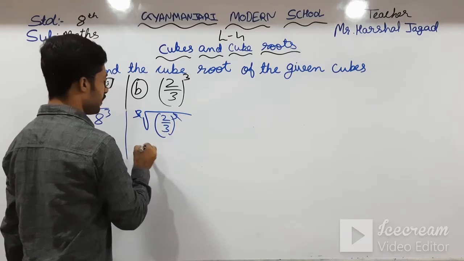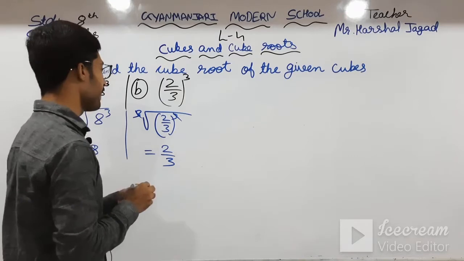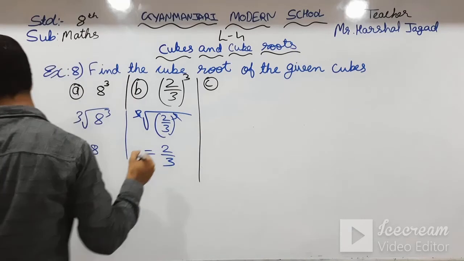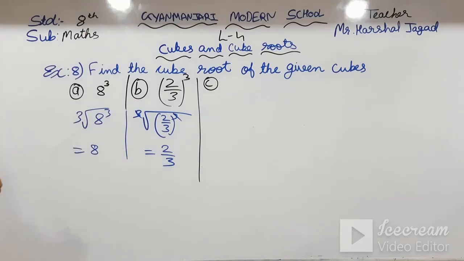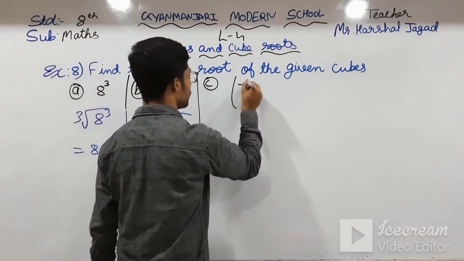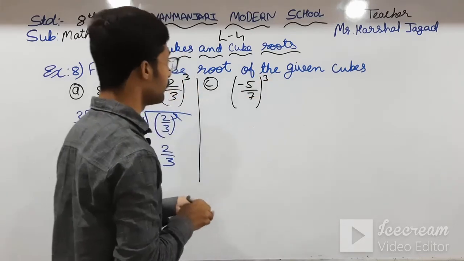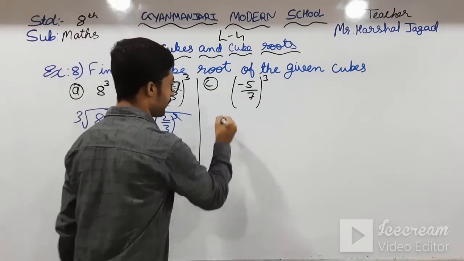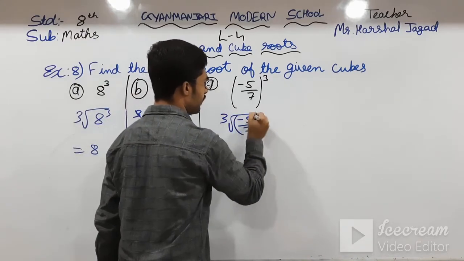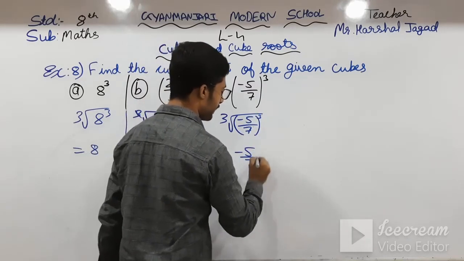The cube root and the cube are cancelled, so the answer is 2 by 3. Okay students, next one, C. What is C? Minus 5 by 7 whole cube. Here the cube root and the cube will cancel, so the answer is minus 5 by 7.